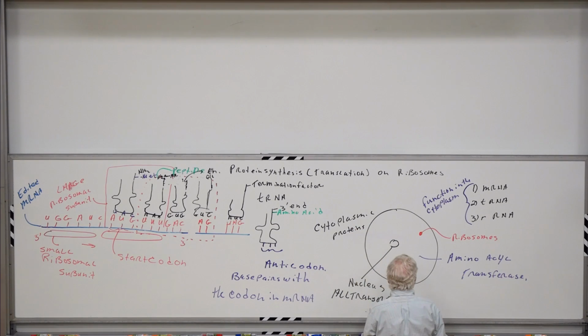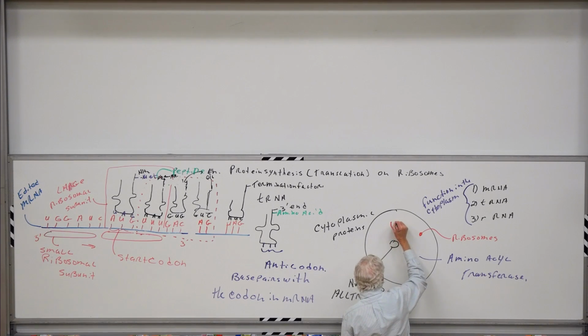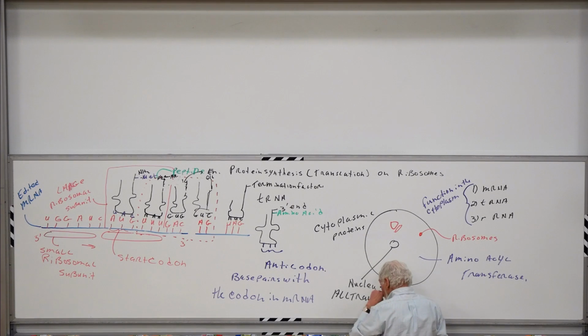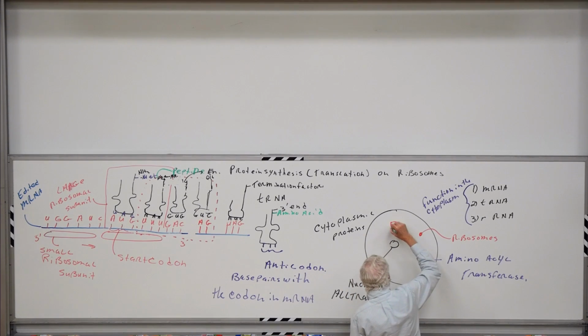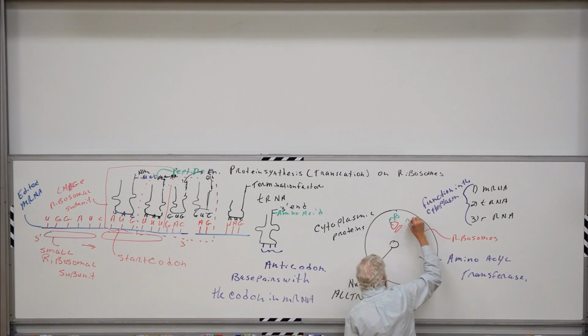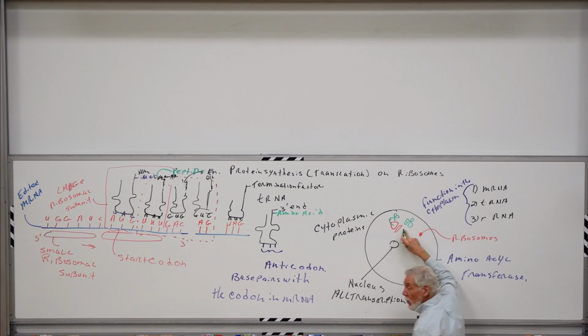Using this simple model of our cell, there would be the large ribosomal subunit and the small ribosomal subunit. And as the protein was generated out of the large ribosomal subunit, it would fold into its 3-dimensional shape. And then eventually, when we came to the stop codon, we'd move that protein out into the cytoplasm, and we have a cytoplasmic protein. That's what we're talking about here.